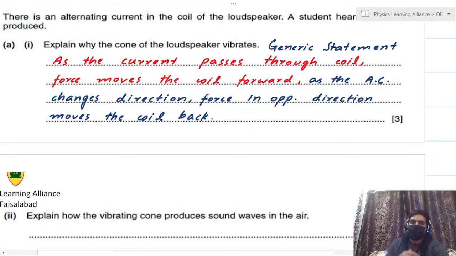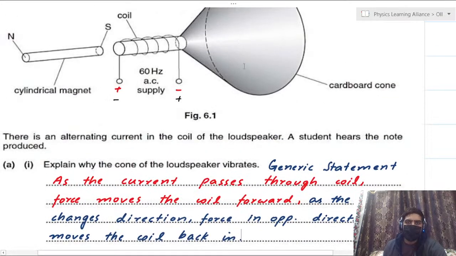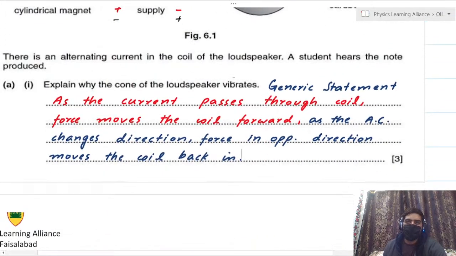So it would be kind of a push, then a pull, repulsion, attraction. And due to that attraction, repulsion, due to that forward backward motion, due to the force being forward and then being backward, the diaphragm vibrates. All right, this cardboard cone would vibrate.